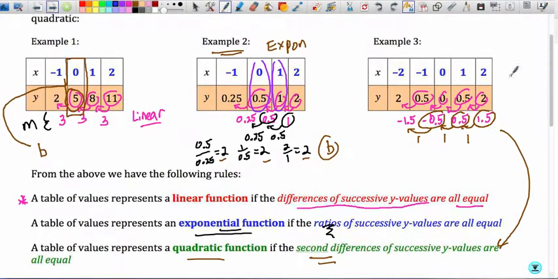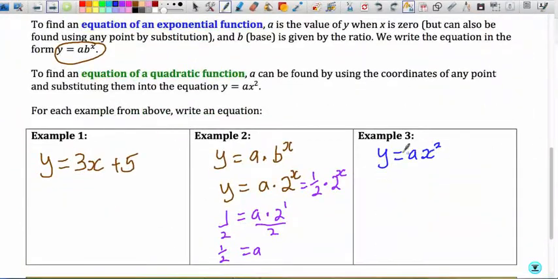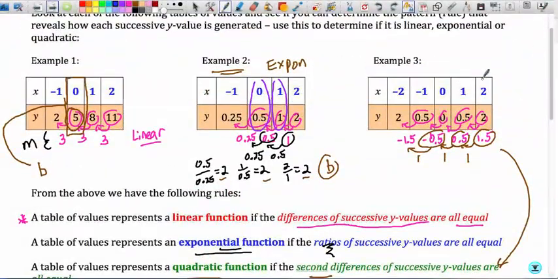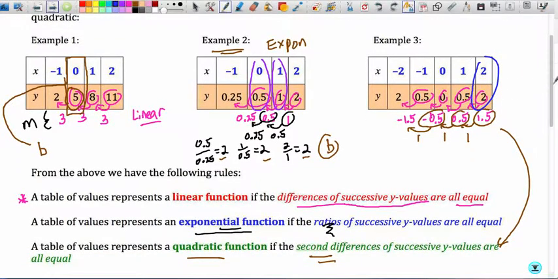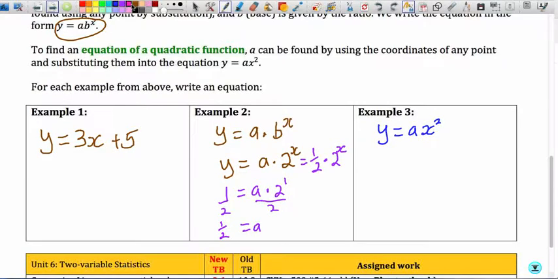What we're going to do now is pick a point, not 0, 0, because if we substitute in 0 and 0 for the x and the y, that's just going to cause what's known as an equality, where both of the sides will equal 0, and that's not going to help us to find the value of a. So I'm going to pick one of the other points. Any of the other points will do. I'm going to pick the point 2, 2. Could have, of course, picked the point 1, 0.5, or one of the negatives, but of course that does complicate things. Come down here, substitute those values in.